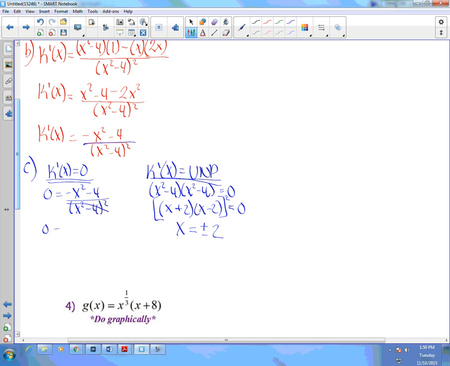So really, I just need to set the numerator equal to 0. For undefined, we set the denominator equal to 0. For k prime equal to 0, we set the numerator equal to 0. So what are our two critical points here? Did you get it, Matthew?